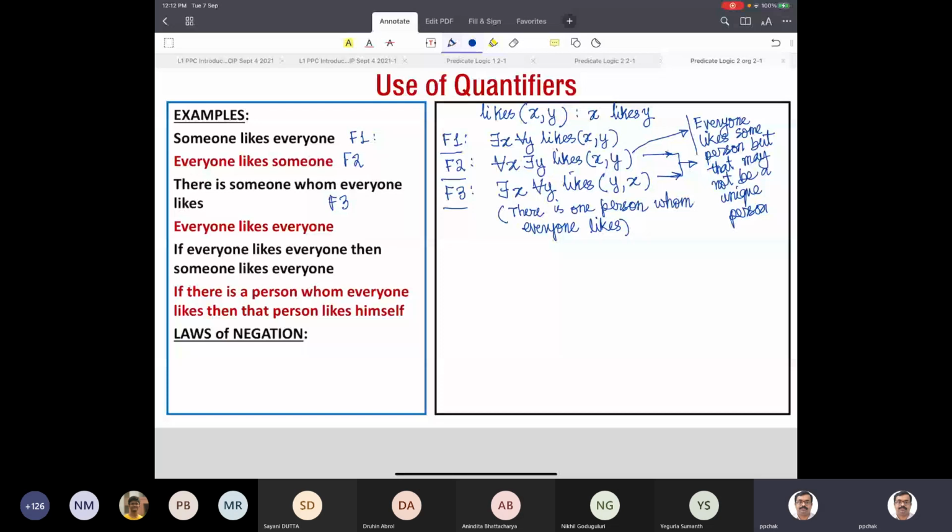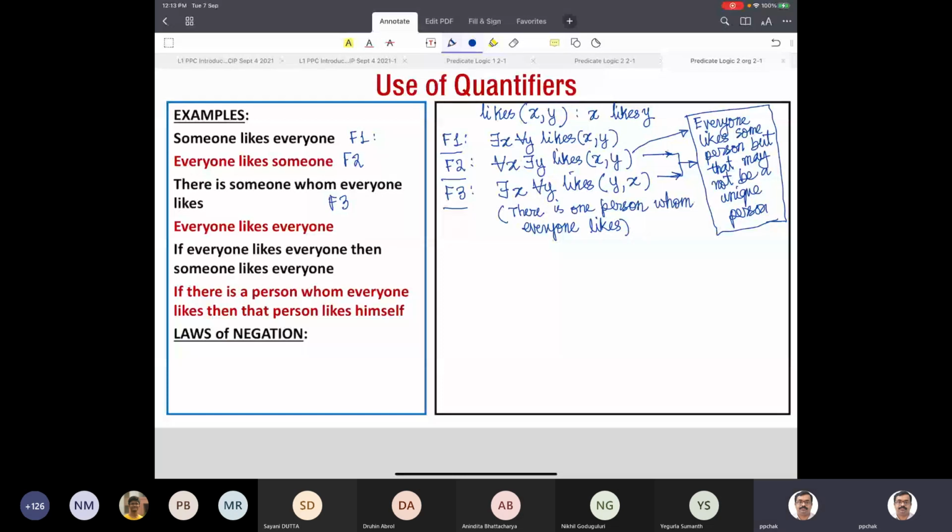I like A, you may like B, somebody may like C. Everyone likes someone does not necessarily mean that there is a specific person. So this statement F2 that we have written is different from F3 in the sense that F2 signifies that for every X, there is some Y, but that Y can vary for different X's.